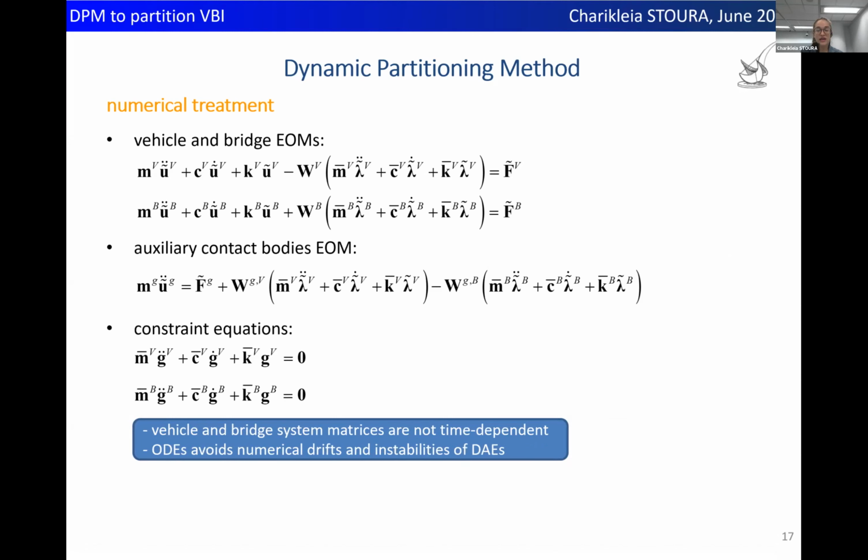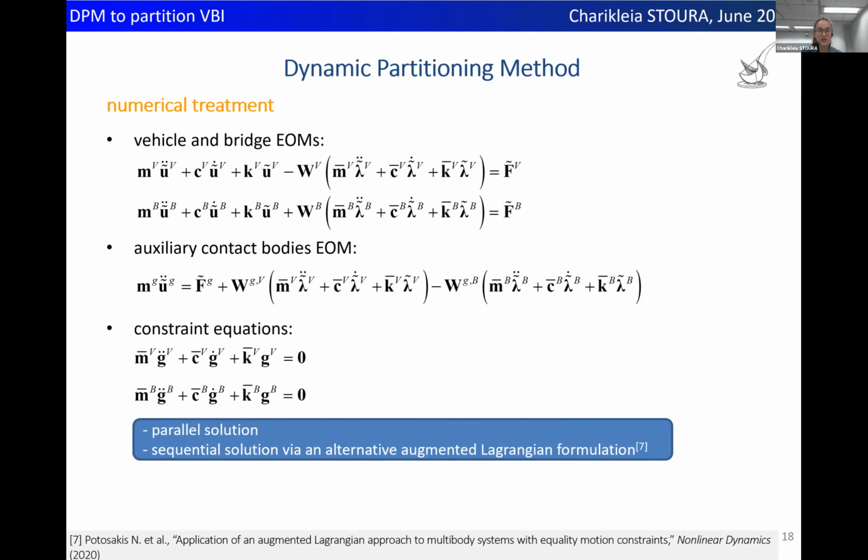In addition, the system of equations includes exclusively second-order ordinary differential equations, which avoid the numerical drifts and instabilities of differential algebraic equations. Since the vehicle and bridge systems are treated separately, they can either be solved in parallel, which can additionally decrease the computational cost of the analysis, or can also be solved sequentially.